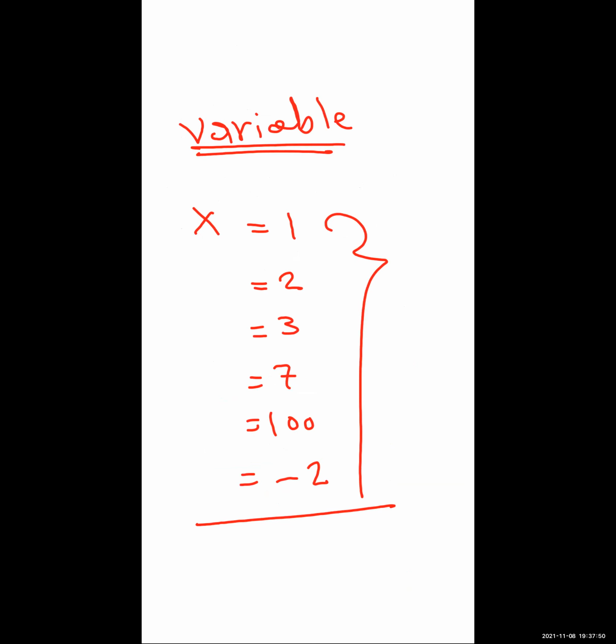Okay, so we studied before, if we multiply two constants, I mean two numbers, it's very easy. Like 7 times 5, of course, 35. Correct, guys? Correct. So 7 times 5 is 35, because the two are constants.